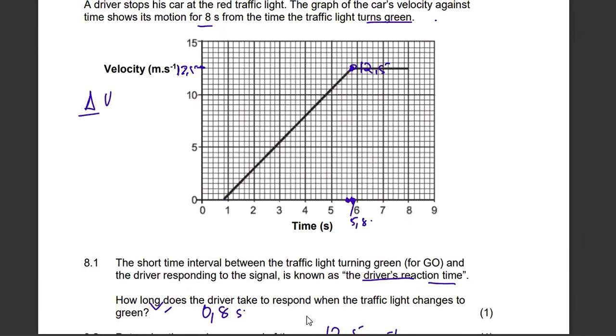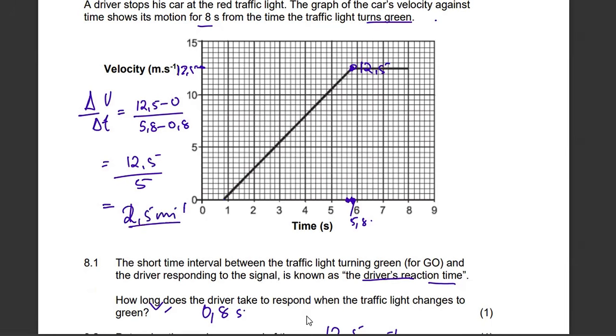So the change in velocity over the change in time means that I'll have 12.5 minus 0 over 5.8 minus 0.8. So 12.5 divided by 5. This gives me 2.5 meters per second squared.